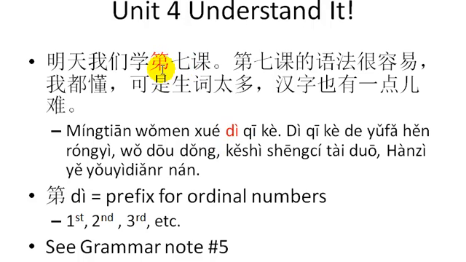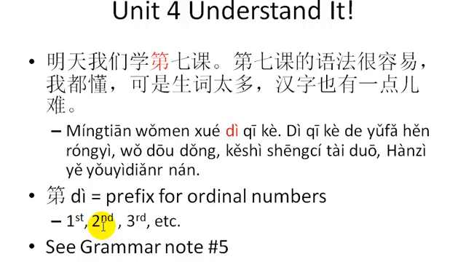In this case, it's coming before the number 7. 第七课. 第 is put before a number to make it ordinal. Ordinal numbers in English are the numbers that have the st, nd, rd after it. First, second, third, fourth, fifth, sixth, seventh, eighth, ninth, 10th, 20th, 50th, the 100th, the millionth. Okay? These are ordinal numbers.